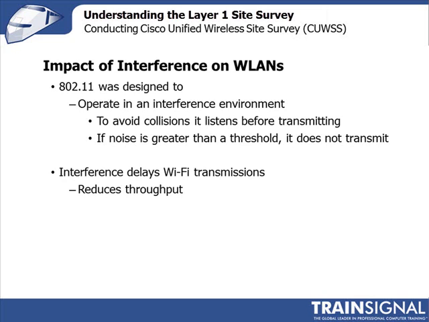What that means is that if there's interference in the unlicensed band, Wi-Fi will continue to operate, but it will suffer more latency, more delays, because it's waiting for longer periods of time.